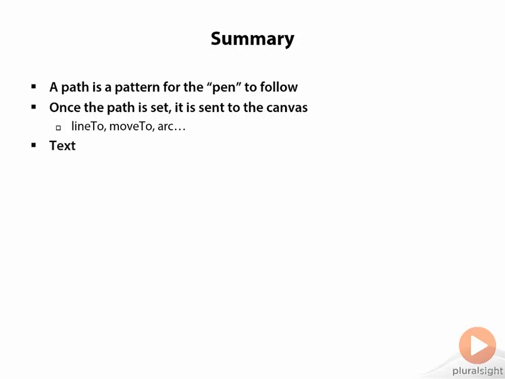We then looked at text and some of the setup for text to control the font and alignment and so forth. There's quite a bit more to the canvas, and a lot more that you can do, such as animation and even 3D objects. But this module should have given you a good overview and start to the new HTML5 canvas.